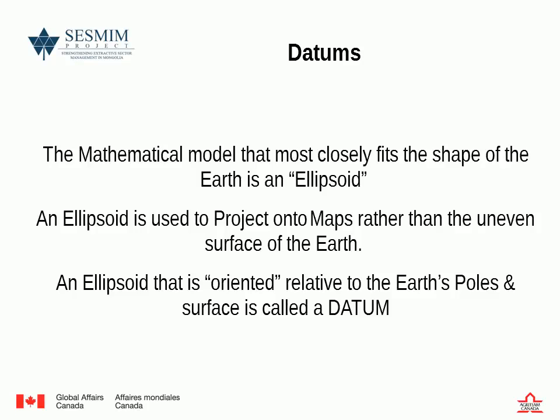So an ellipsoid is basically a distorted sphere that is mathematically even. So the geodesists that study geodesy can use the ellipsoid to project the ellipsoid onto a flat plane.